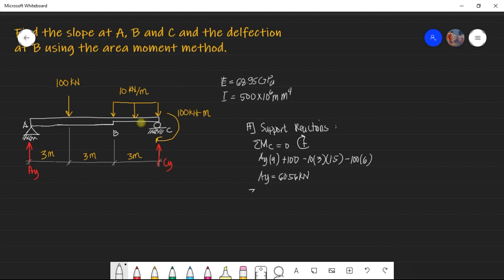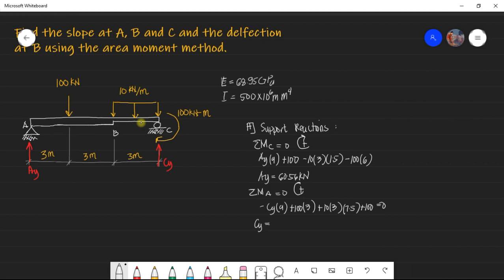And then summation of moment at A to solve for CY is equal to 0. Clockwise again, positive. So negative CY multiplied by 9, plus 100 multiplied by 3, plus 10 multiplied by 3 times the moment arm, that will be 3 plus 3 plus 1.5, which is 7.5, and then plus the concentrated moment is equal to 0.